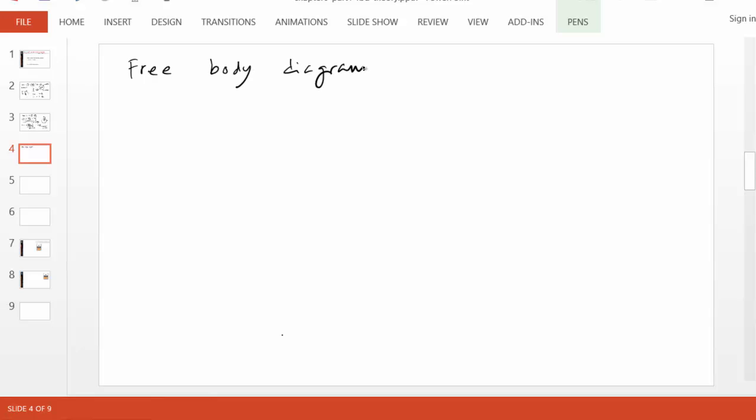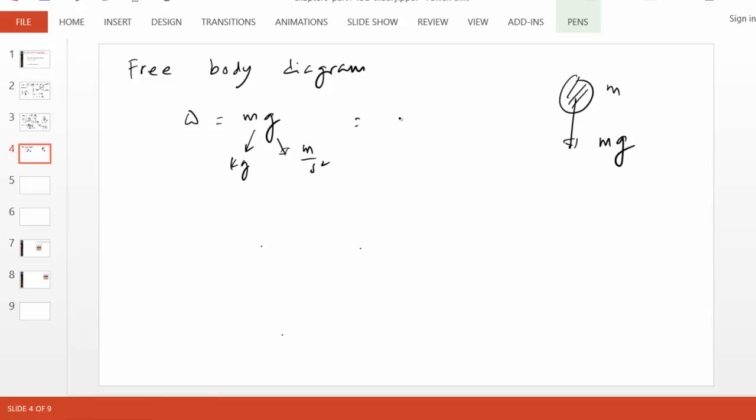So what we just learned is that if I have a small mass m, then it's pulled by Earth with a force mg. And by the way, if m is in kg and g is in meter per second square, the unit of weight is Newton.